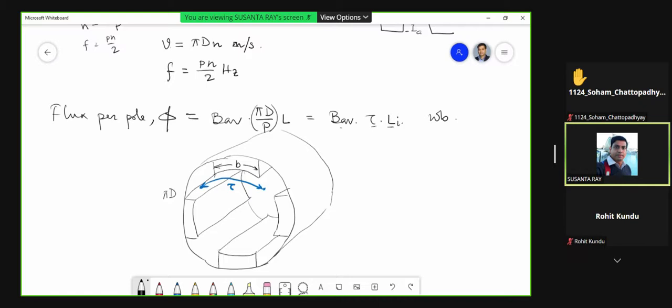So actually, when we draw the flux distribution, this is the portion of the pole. Suppose this is the north pole. I'm just drawing two poles here, and suppose this is the south pole. And the flux distributions are like this.